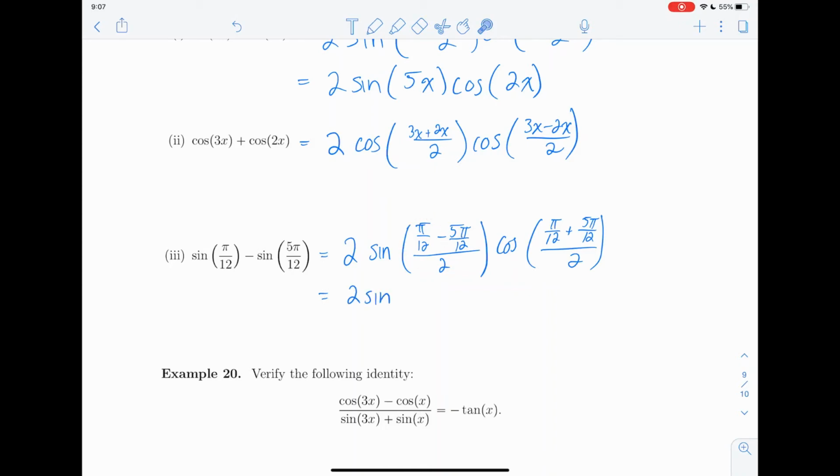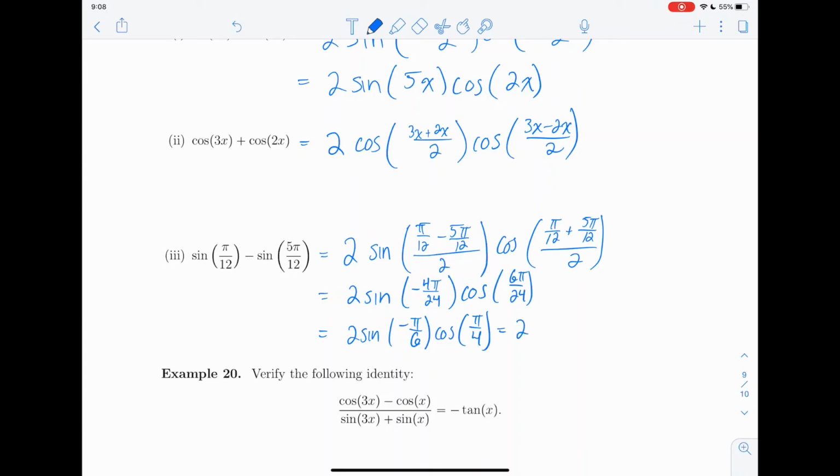Notice that pi over 12 minus 5 pi over 12 is, of course, negative pi over 4, or negative 4 pi over 12, which then when I divide by 2 gives me negative 4 pi over 24, whereas the cosine is turning into 6 pi over 24, which if I simplify these, I'm getting 2 sine of negative pi over 6 times the cosine of pi over 4, and these are reference angles that we're familiar with.